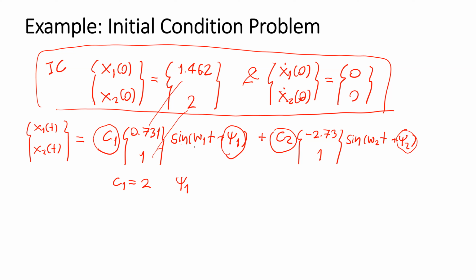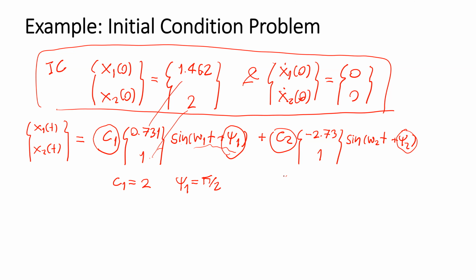How to make psi function of this become 0? So the phase shift should be 90 degrees or pi per 2, because psi of omega multiplied by 0 plus pi per 2 is equal to 1. And C1 is equal to 2, and multiplied by this, it corresponds to the initial condition.